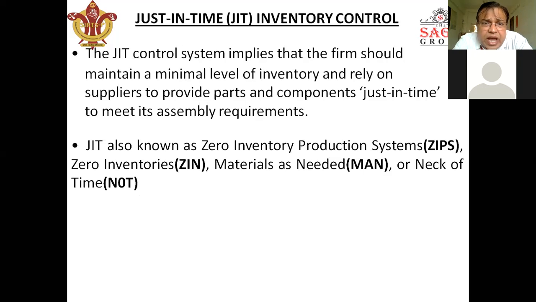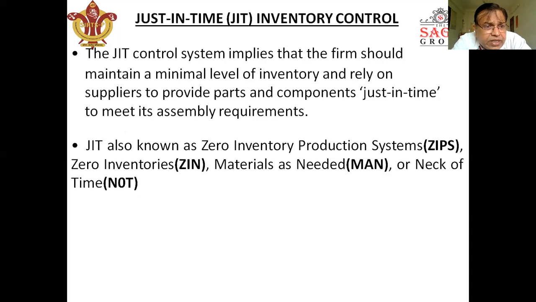Now, just in time inventory control. The JIT control system implies that the firm should maintain a minimum level of inventory and rely on suppliers to provide the parts or components just in time to meet its assembly requirement.